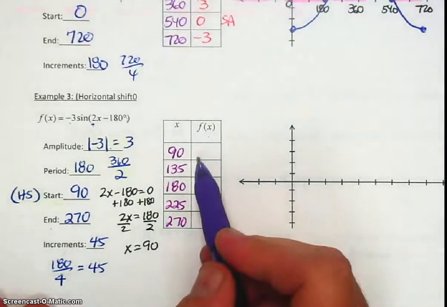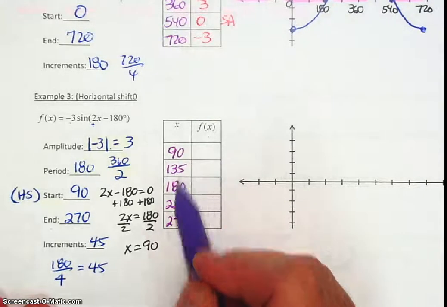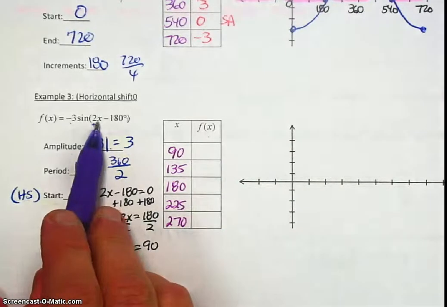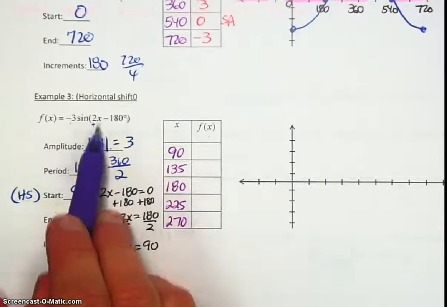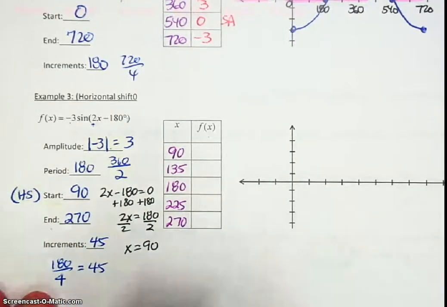And then if you'll remember, to get your y values, you type these numbers into your calculator here replacing x. So we'll put in a 90 for x, a 135, and so on, and we'll get out our y values. Now, you need to be careful when you're typing these in the calculator.